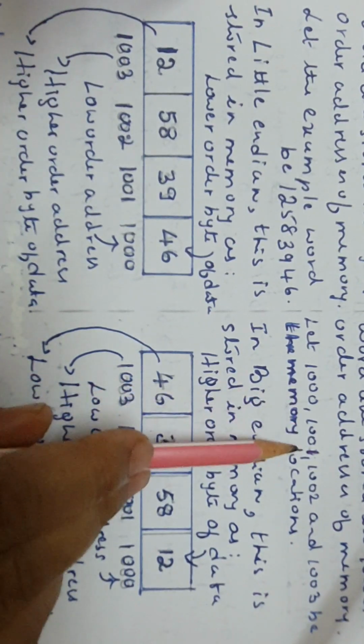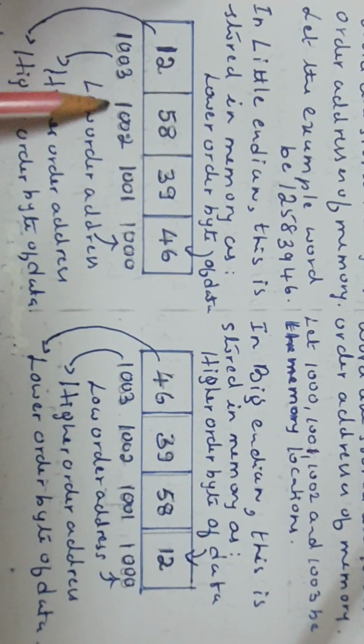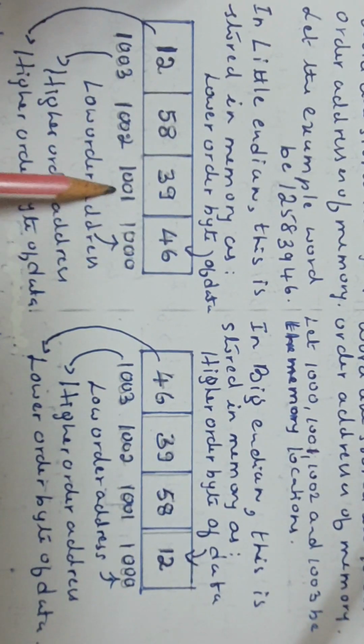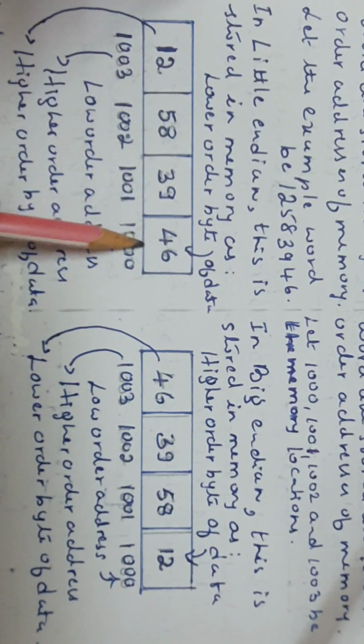Next, the memory location addresses 1000, 1001, 1002 and 1003 that we have taken are written here. So these are 4 consecutive memory locations, and in them this one word is stored this way. How?